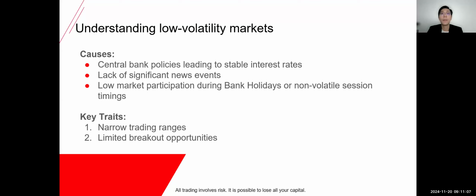So Wednesday, GBP CPI should be already over. Okay, so we are looking at GBP right now. Let's go to H1.